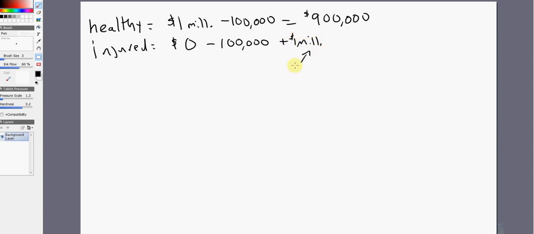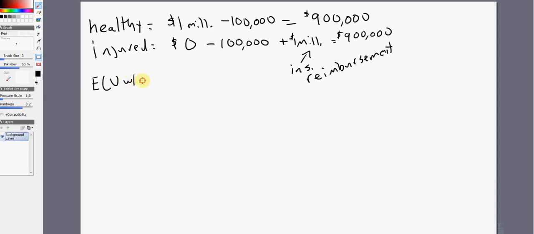Okay, so that's the insurance reimbursement. So here, doing the math, he's left with $900,000. So regardless if he's healthy or injured, the golfer's going to have the same amount of wealth at the end of the year. Let's calculate his expected utility with insurance.